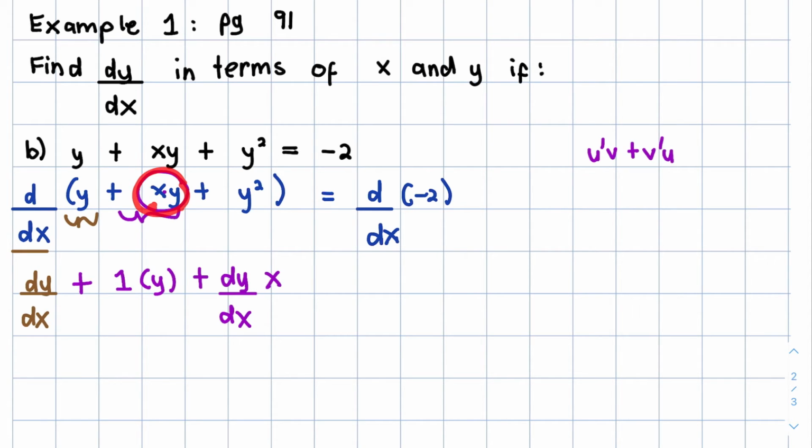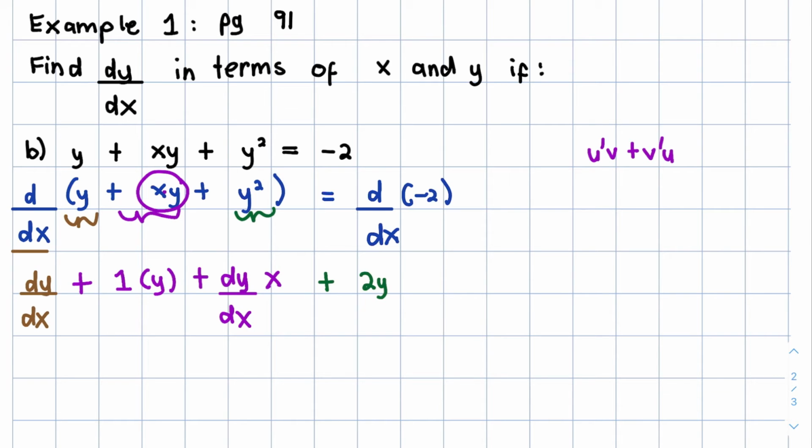One more time: this is just a product, so this is u, this is v. Differentiating u gives u prime, which is 1. v is just y, so just put it there, y. Then differentiate y, because it is with respect to x, you have to put dy/dx, and then multiply by u, which is just x. Now the third term, y squared: differentiating y squared will give you 2y.